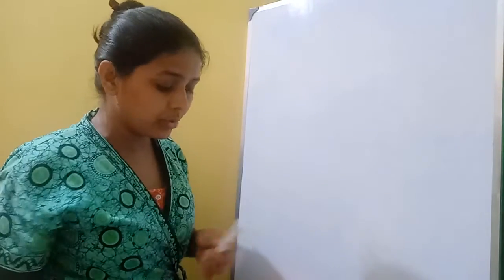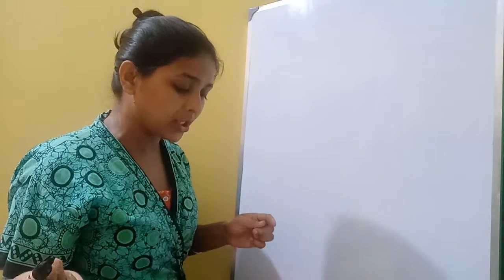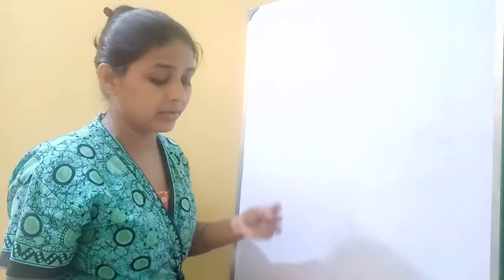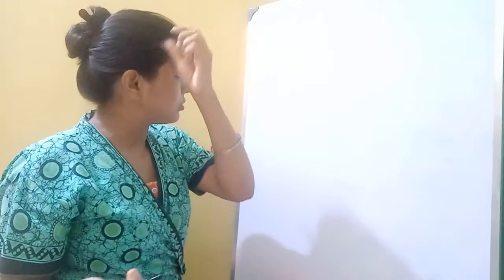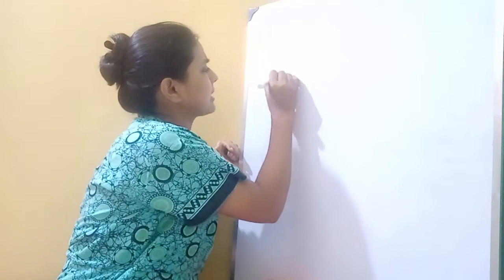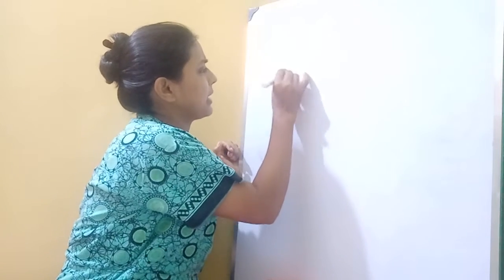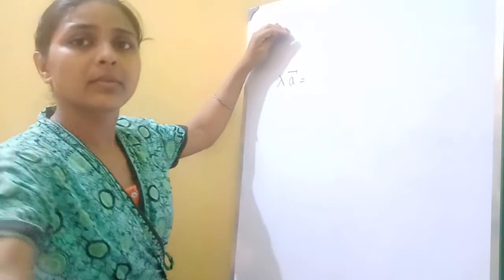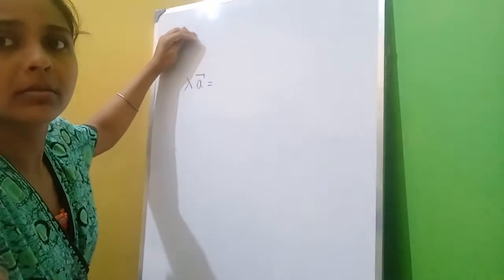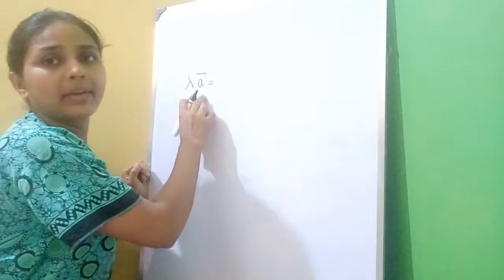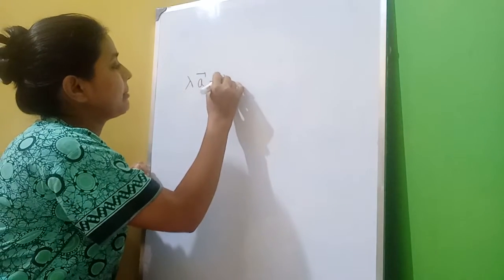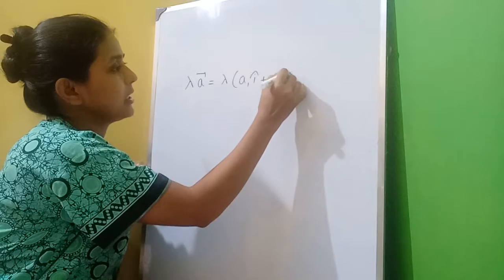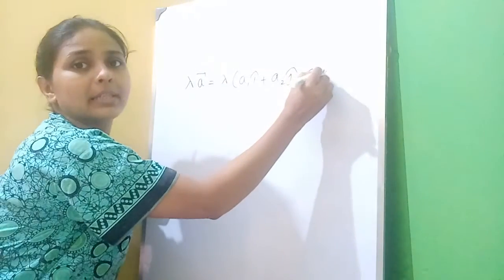Then coming to number 4, that is multiplication of a vector by any scalar. I'm taking it as lambda. Suppose lambda A vector. So lambda A vector will be lambda into (A1 i plus A2 j plus A3 k).